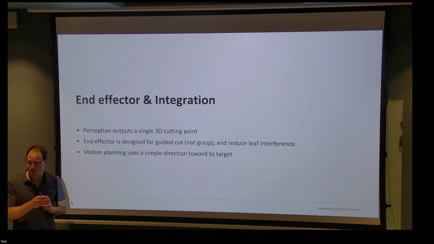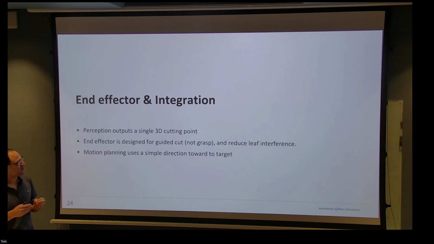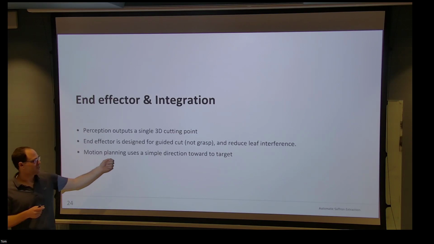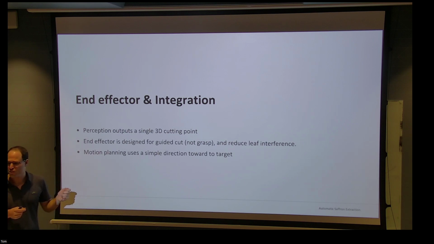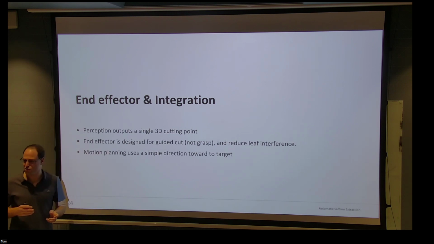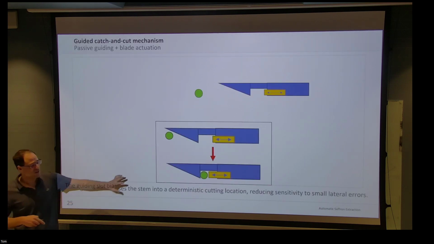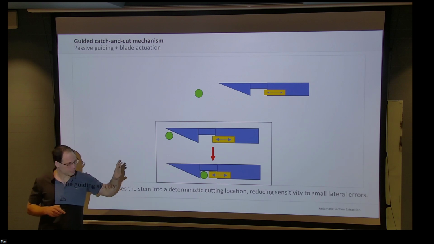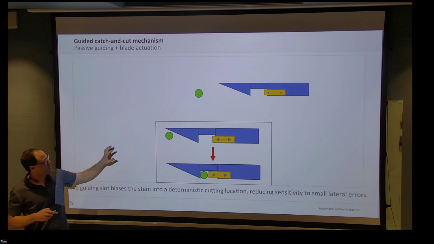It should be very, very narrow, and you will see it now. And we want to make a simple motion planning. We do not like to use too many axes, and we want to make it simple. So this is our gripper. What you see here is a catch and cut mechanism.